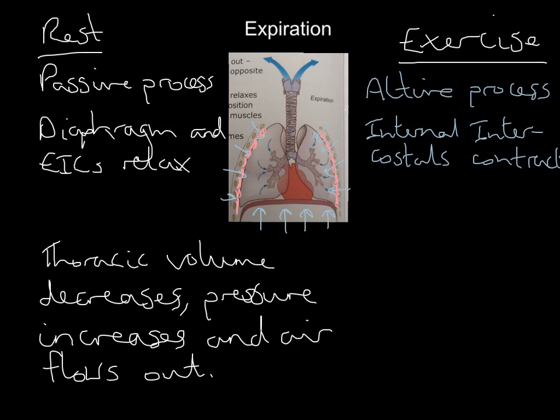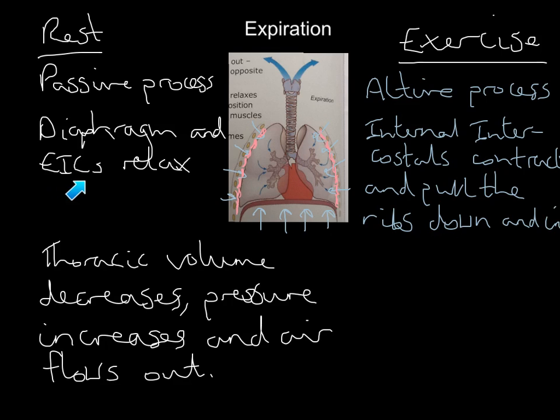Okay, the internal intercostals are going to contract and pull the ribs down and in. And that's going to make the thoracic volume smaller, as I'm sure you could have guessed, okay? So the external intercostals have relaxed, okay? But also now the internal intercostals are contracting to pull those ribs down quicker.